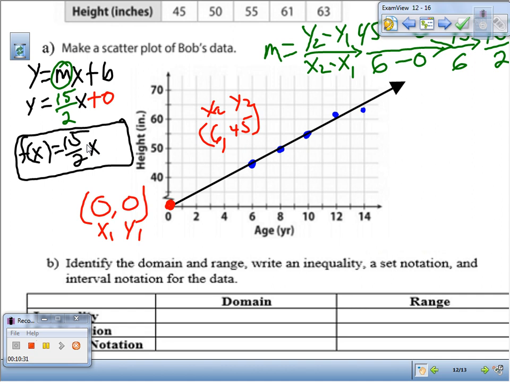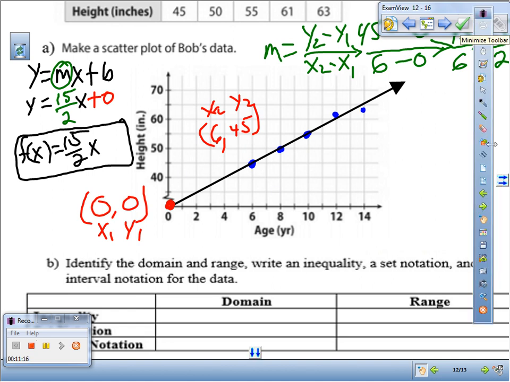Joaquin, what does the slope mean? What does the slope mean?